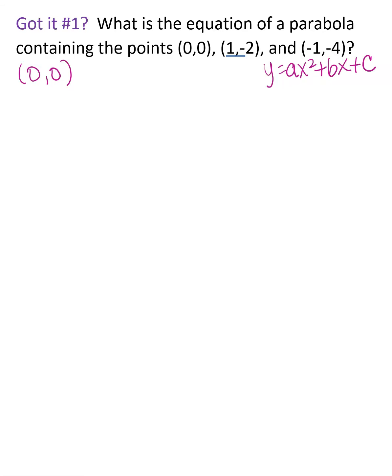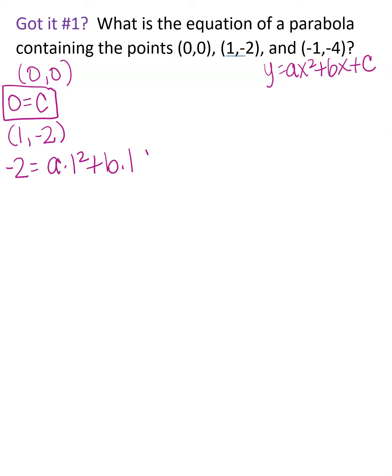That's what we're plugging into. 0 in for y and 0 in for the x's makes c equals 0. The (1, -2) becomes -2 equals a times 1 squared plus b times 1 plus 0. The c is 0 again, so I plugged that in already. -2 equals a plus b.